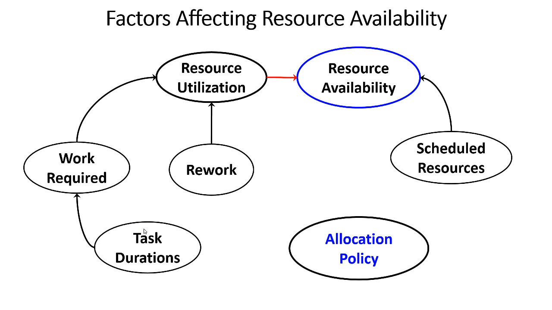Now, I've drawn several different relations here, but I put a question mark. We don't know if they're positive or negative relations. It really depends on the design of your allocation policies as to what the impact of an allocation policy is going to be on things such as your task duration, your rework level, and ultimately resource availability.